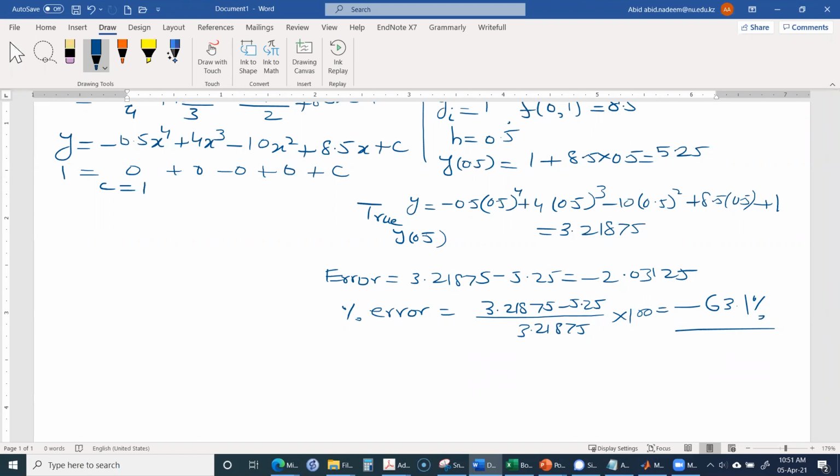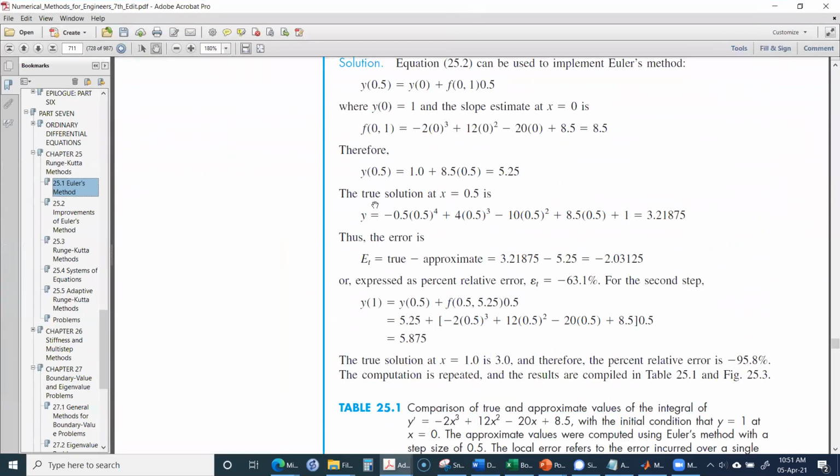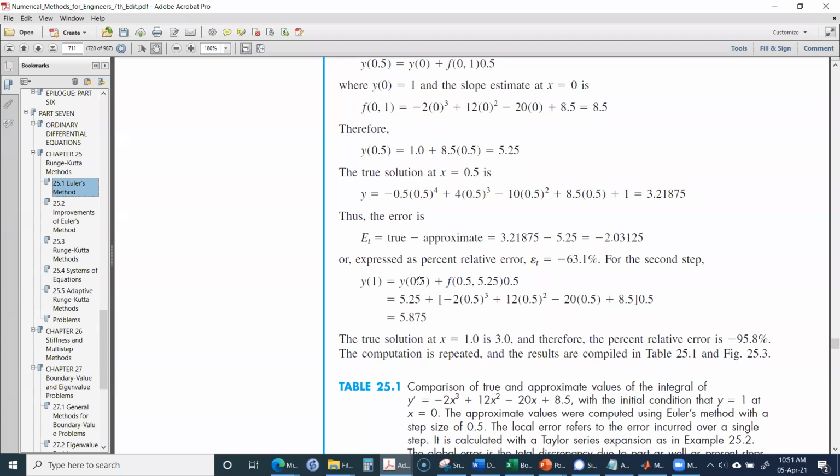So the same thing which I have done over here has been done in this example as well. So here you can see that this error which we got is 63.1%. In the second step, we can repeat it.